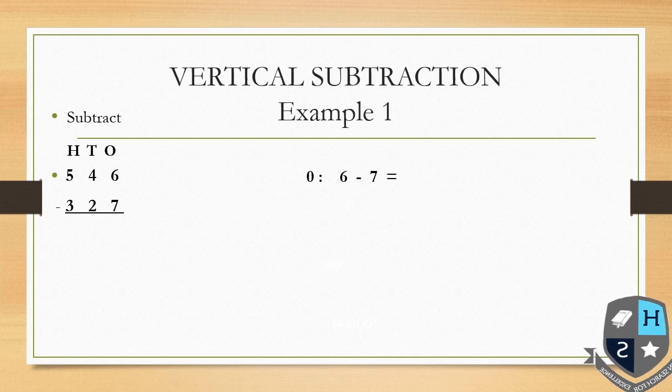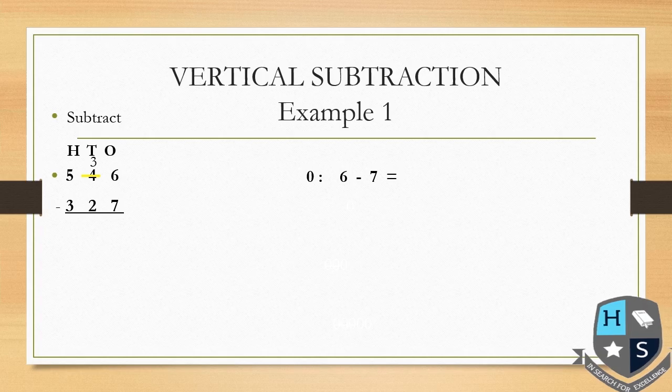We are going to borrow from tens. When we borrow 1 from 4, we remain with 3. Then the number which we borrowed, we put it in ones. So now we have 16 take away 7.